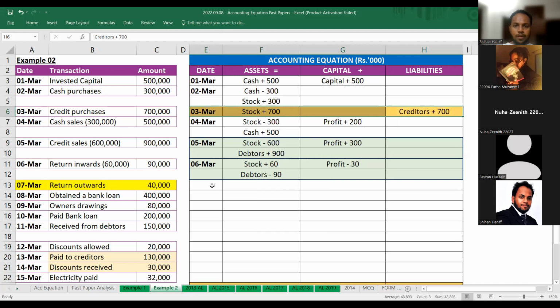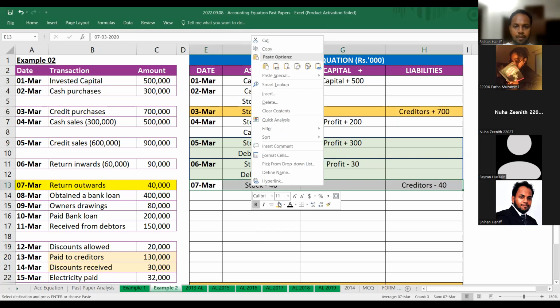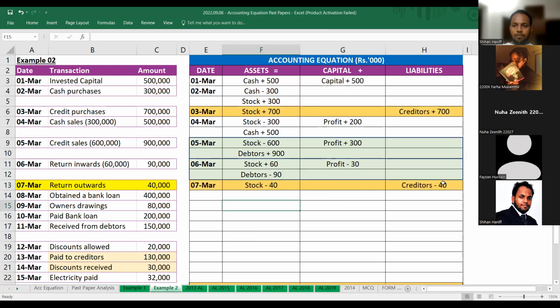Then return outward means reversal of these purchases. Stock will reduce and creditors also will reduce. Return inward is reversal of credit sales. Return outward is reversal of credit purchases. Remember those two.